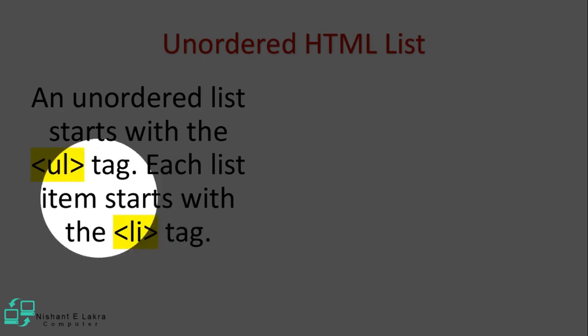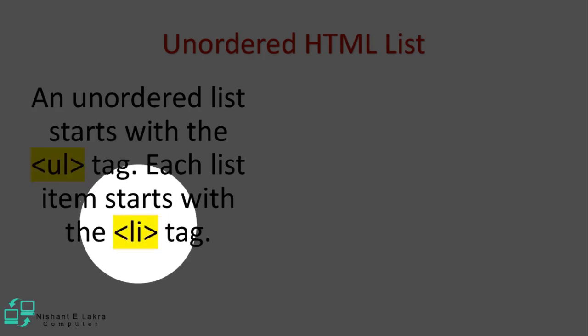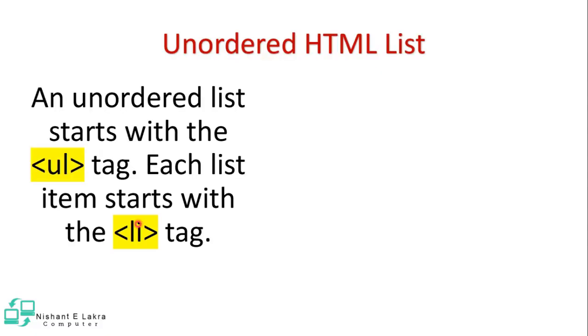Remember that these two are written in lowercase, not capital letters. UL is written before LI. LI is used to start the list tag, so each list item starts with the li tag. LI stands for list item.